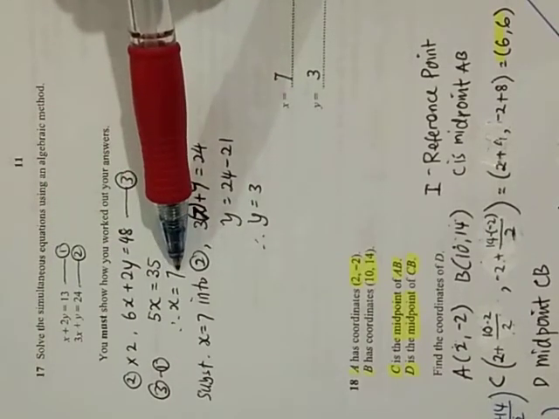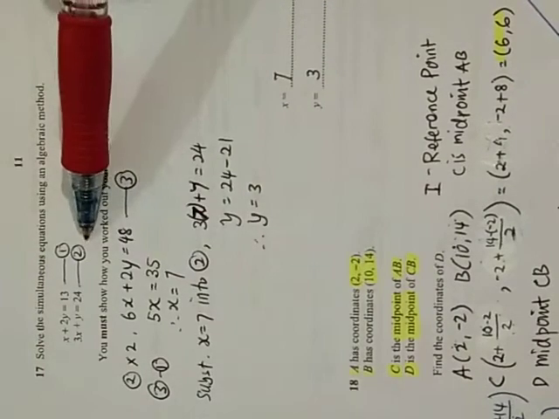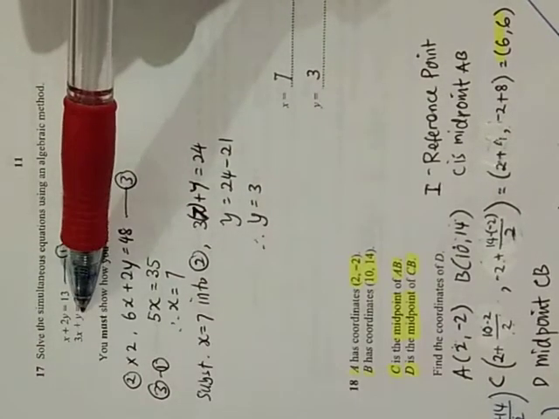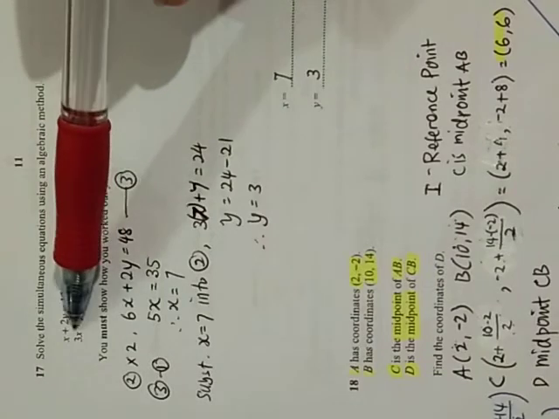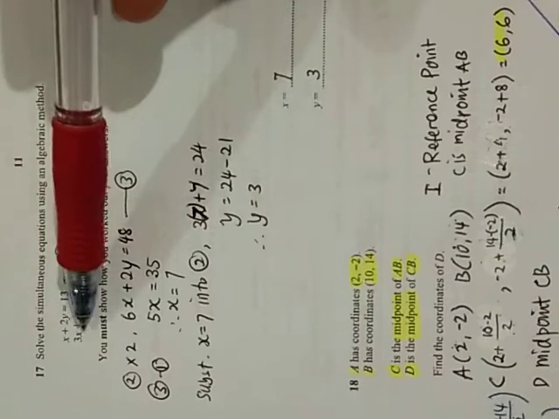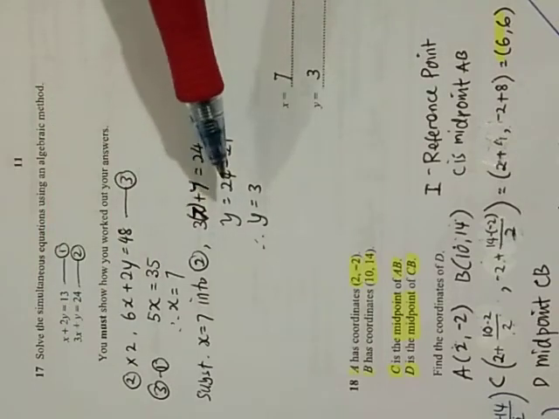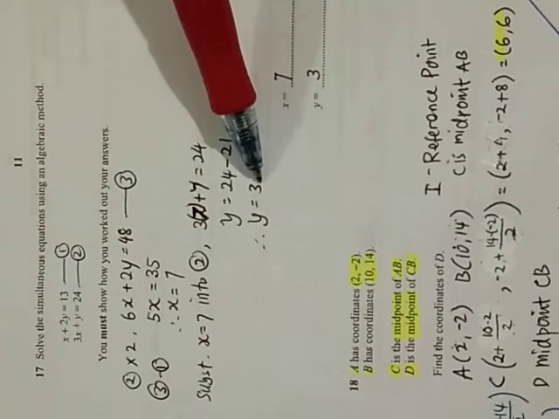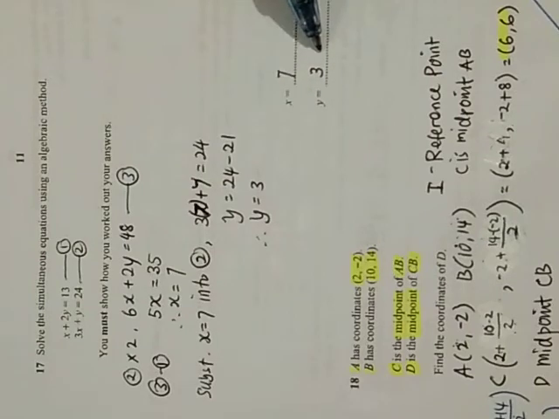Hence, x equals 7. Now substitute this value into the second equation to get our value of y. y equals 24 minus 3 times x, which is 7. So 24 minus 21 gives us 3. x equals 7, y equals 3. Now question 18.